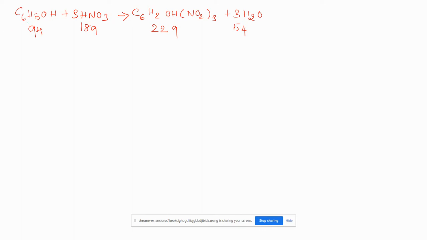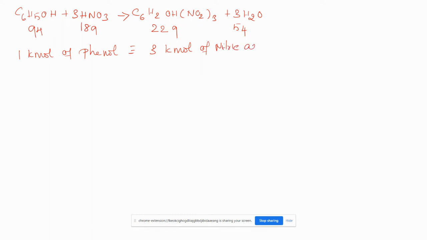Now, as I told, first we will write the relationship between the reactants. 1 kilomole of phenol is equivalent to 3 kilomoles of nitric acid.